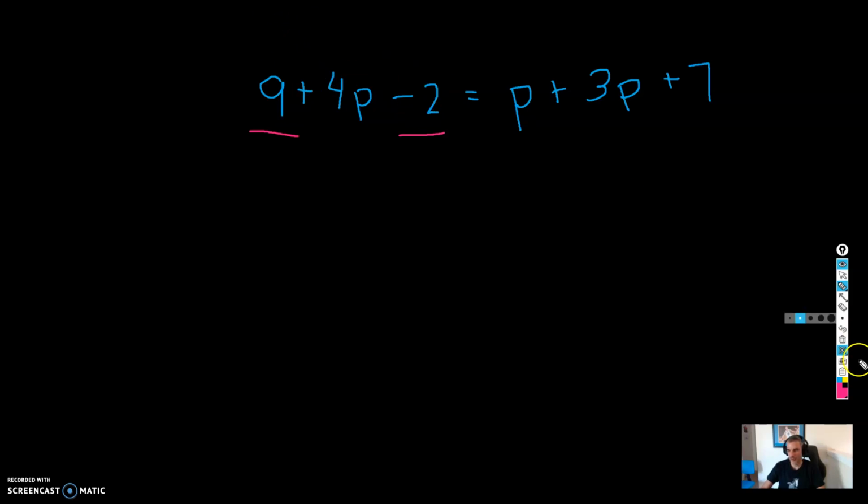Again, imagine a table of fruit, and I have 9 bananas over here, and I take away 2 bananas over here, and I got some apples in the middle, right? Well, it doesn't matter that there's some apples in the middle. I can still take these bananas on the right-hand side and combine them with those bananas over here, right? And I can still say, okay, I got all my bananas over here, and I got no more bananas over here, right? We have something in the middle that we have to work around.